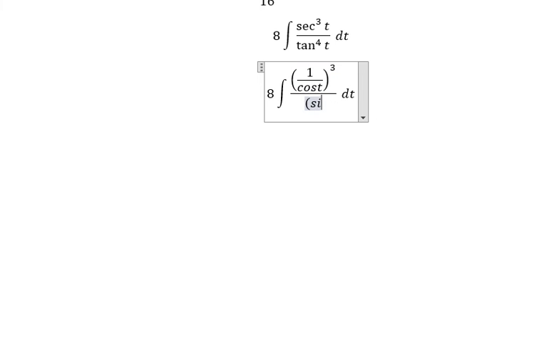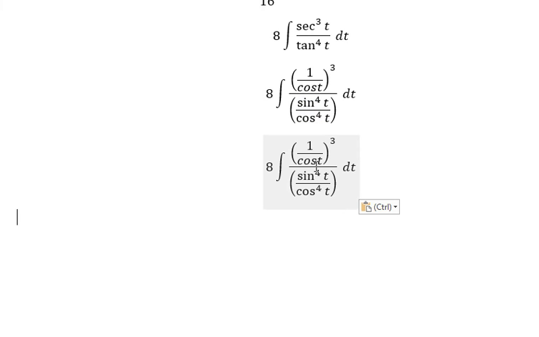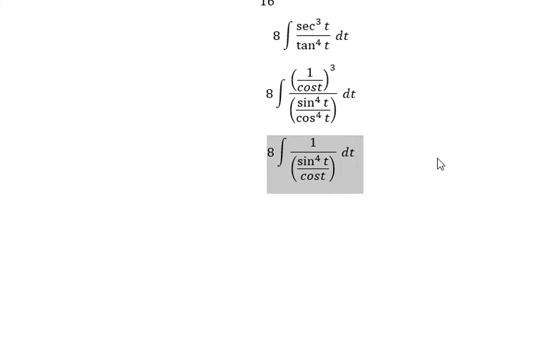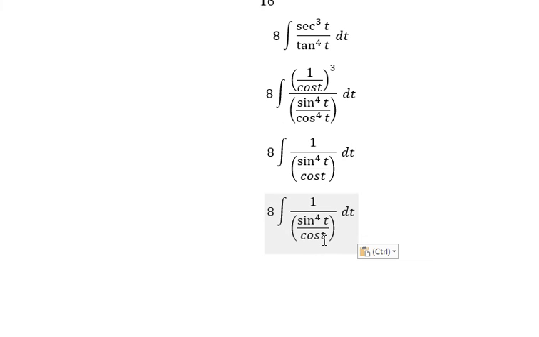This one we have sin t to the power of 4 over cosine t to the power of 4. Now we need to simplify 1 over cosine t to the power of 3 on the numerator and denominator. And this one will go to the numerator.